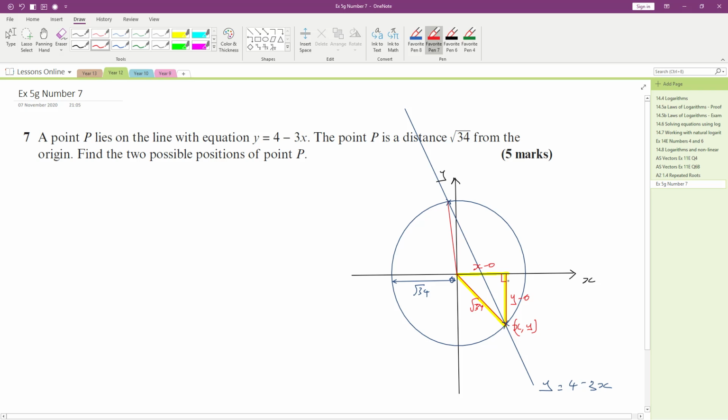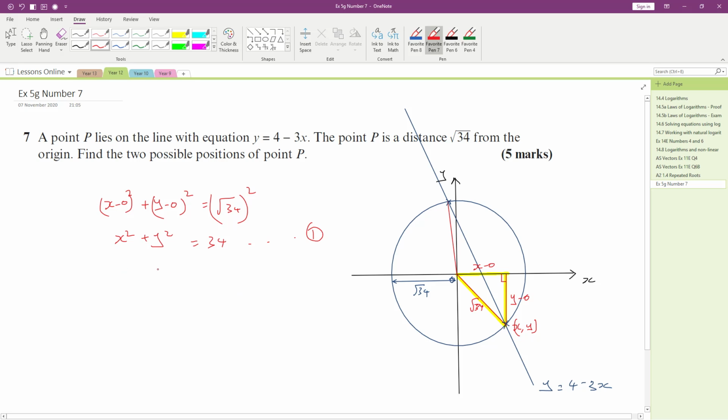That's going to mean x minus 0 squared plus y minus 0 squared is equal to square root of 34 squared. So x squared plus y squared is equal to 34. And that's the equation of the circle that goes around the origin.